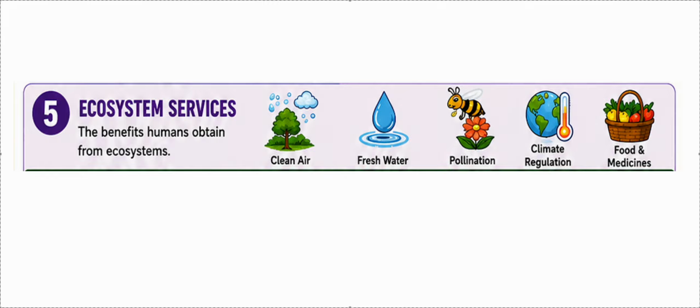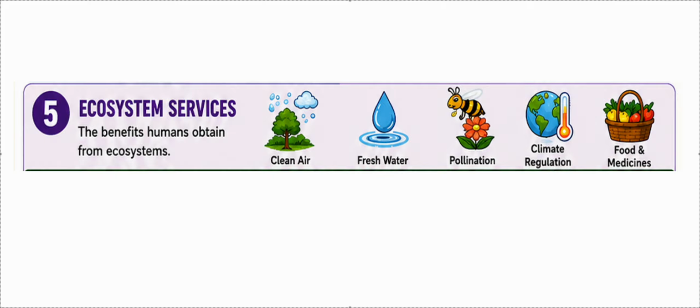As an example, imagine Earth is sending us a monthly salary, and the salary consists of clean air, rain, food, fresh water, all without charging money. That salary is called the ecosystem services. Previous years UPSC has asked about ecosystem services in relation to pollination, carbon sequestration, wetlands and mangroves. So simply, the benefits humans obtain from ecosystems.